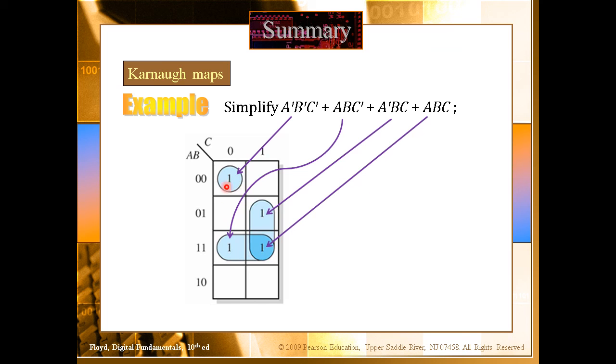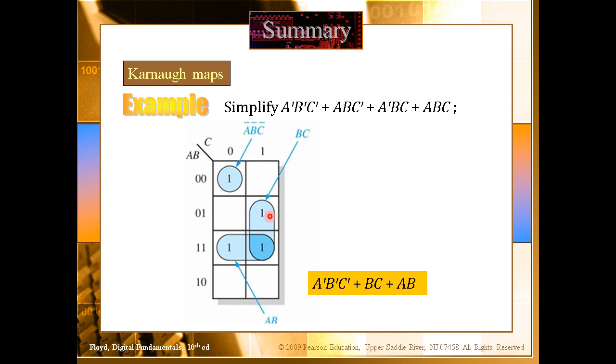This one is separate, just a single one. Now I make a group of 2 ones here, I make a group of 2 ones here, and there is an overlap. And as I said, there can be overlap as long as something is new to the group, because in each group there is something different. This is new to one group, and this is new to another group, right?